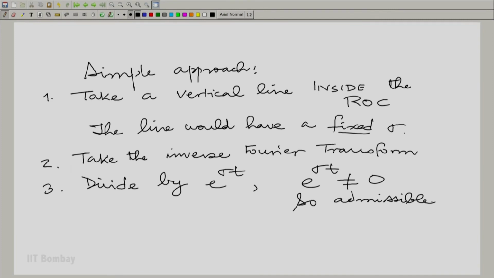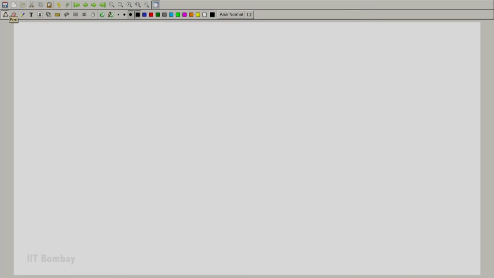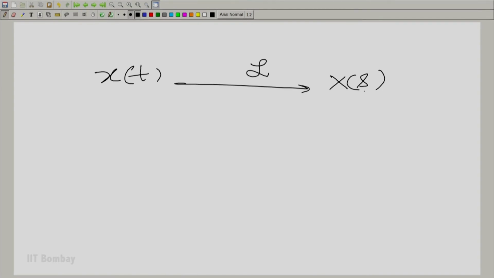Now, how would you write this down? We need to write it down formally, so let us do that. So, let x t have the Laplace transform capital X of S, and we will go through these two steps. We will first take the inverse Fourier transform. You need to integrate after multiplying by e raised to the power j omega t with respect to omega.